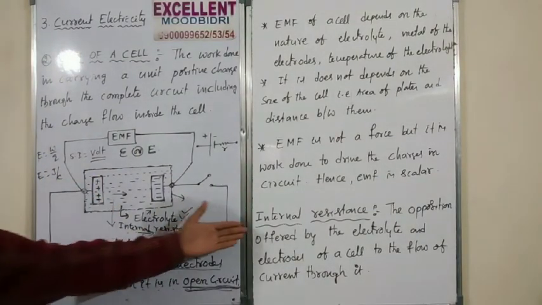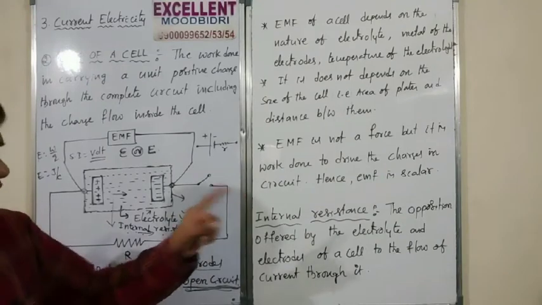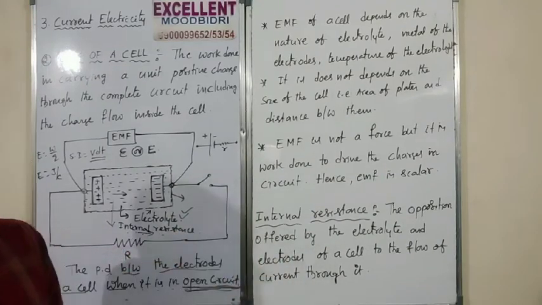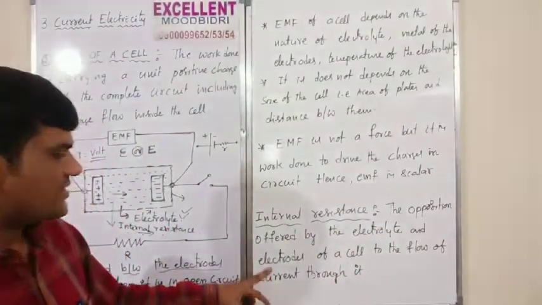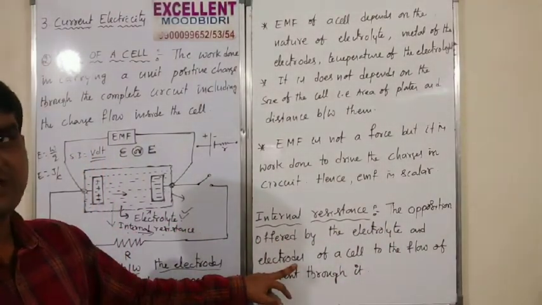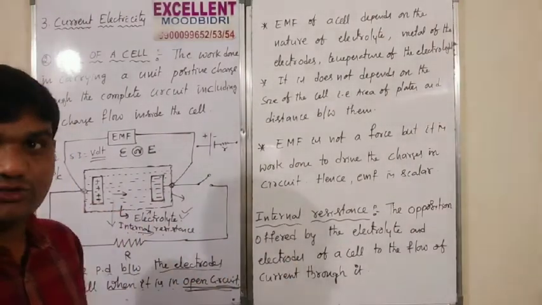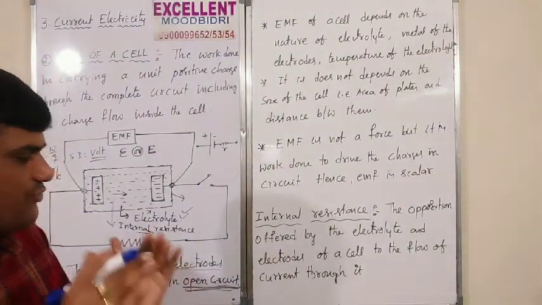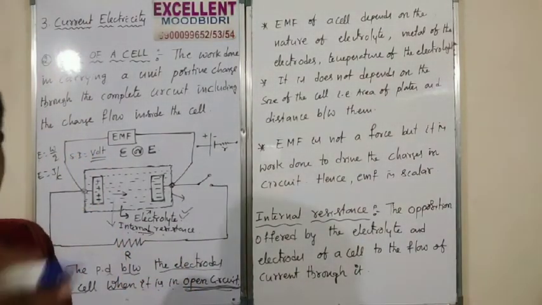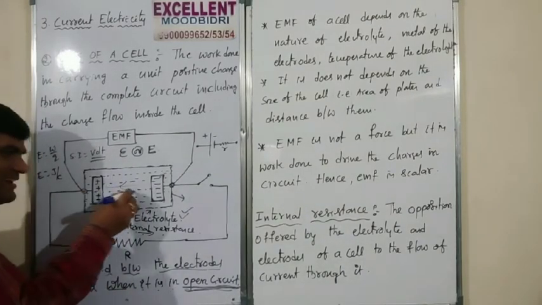Next, small information about internal resistance. Internal resistance is nothing but the opposition offered by the electrolyte and electrodes of a cell to the flow of current through it. The flow of charge means electric current only, right?